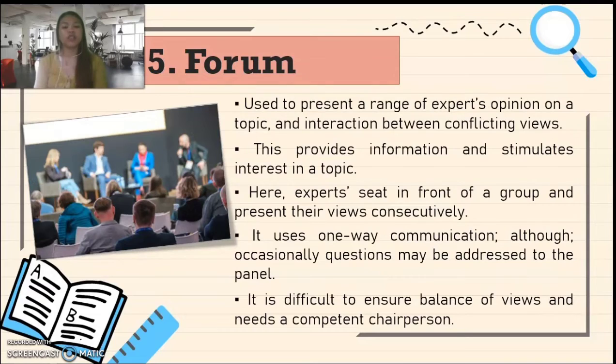Fifth is the forum. When we say forum, there will be two or three or more speakers. As a trainee, you will just listen to what the speaker is going to say. After the speaker delivers his or her message or discusses his idea, you will also have the chance to ask questions of the speaker.